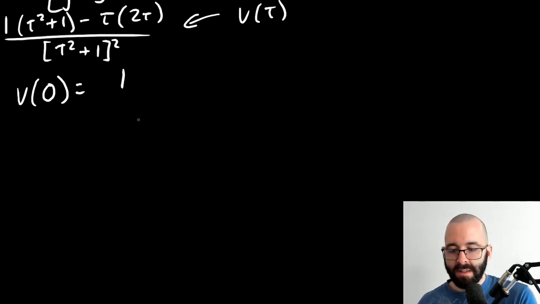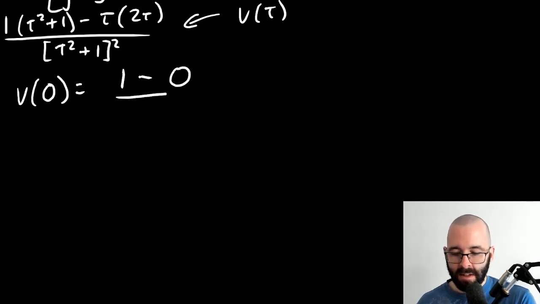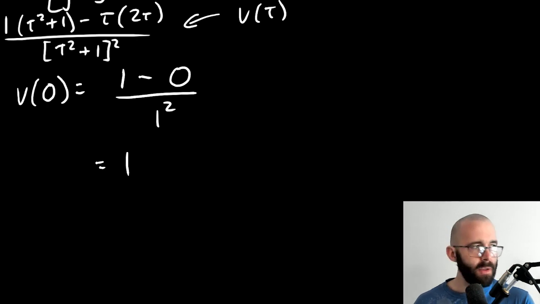Plug in 0 to the first thing, you get 1. Plug in 0 in the second thing, 0 times 0. Plug in 0 on the bottom, 1 squared. In other words, it simplifies to 1. The initial velocity is 1. What are our units?